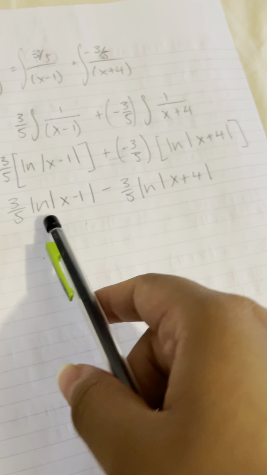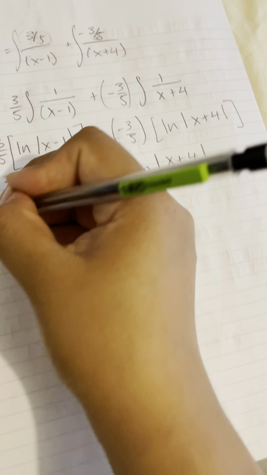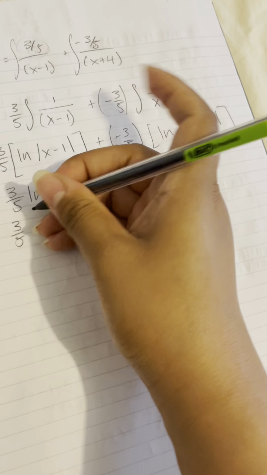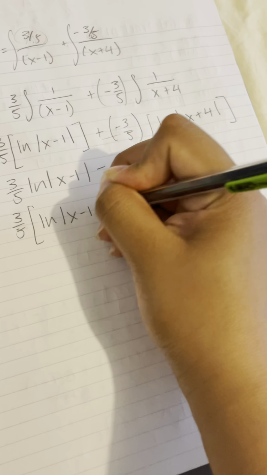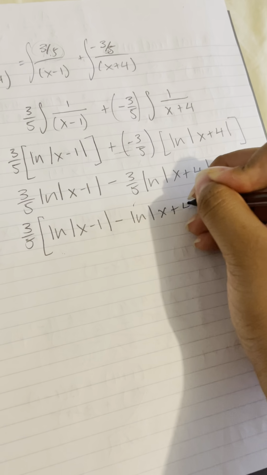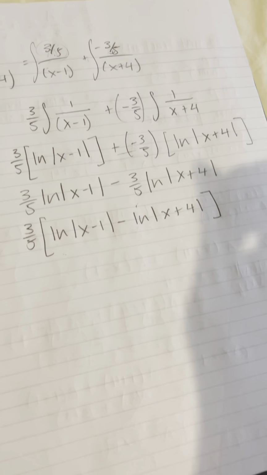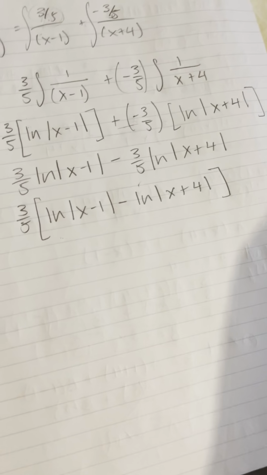Then you can combine these using the log rules. You can factor out the 3 over 5, so it will be ln of x minus 1 minus ln of x plus 4. This is the log rule of subtraction, which is division.